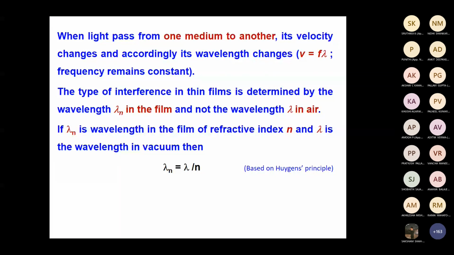So the wavelength in the medium is the original wavelength divided by the index of refraction of the medium, in this case the film. Therefore, what is important here is the optical path length difference and not the geometrical path length difference while discussing interference from thin films.